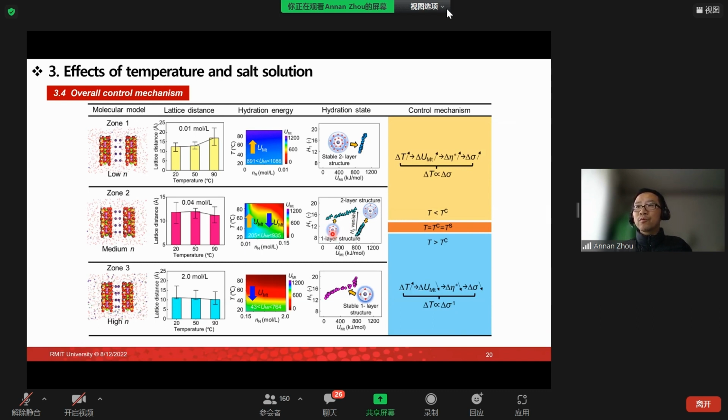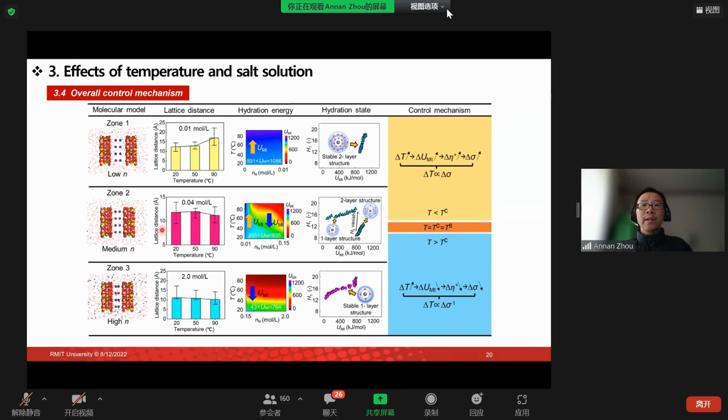So in this zone, hydration energy of the montmorillonite and the hydration state of the interlayer cations jointly govern the swelling behavior. Therefore, in zone 2, the swelling pressure temperature correlation changes from positive to negative when temperature increases.